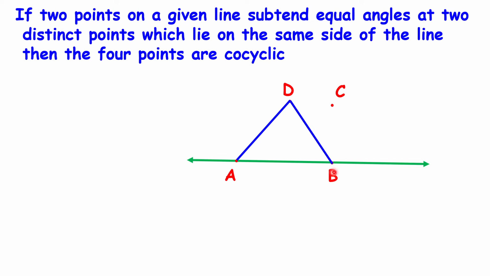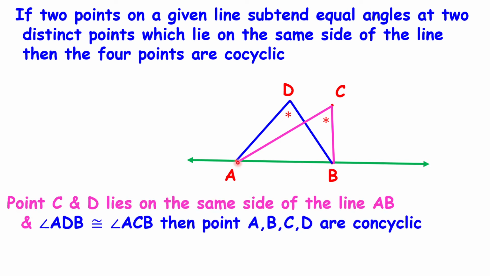Angle ADB is an angle subtended by the two distinct points A and B. Also, the angle ACB is the angle subtended by two distinct points A and B at C. If these two subtended angles are congruent, that means angle ADB is congruent to angle ACB, then the points A, B, C and D are co-cyclic.